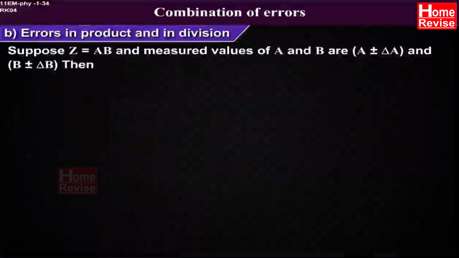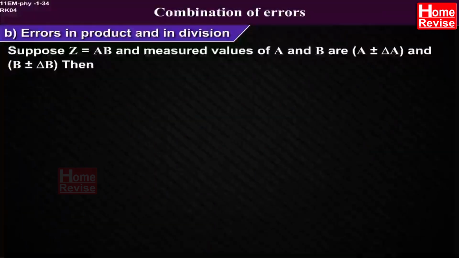B. Errors in product and in division. Suppose Z = AB and the measured values of A and B are A ± ΔA and B ± ΔB.